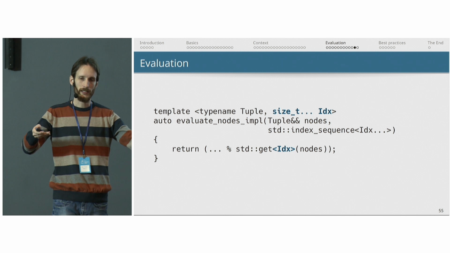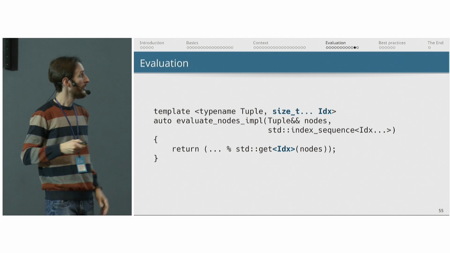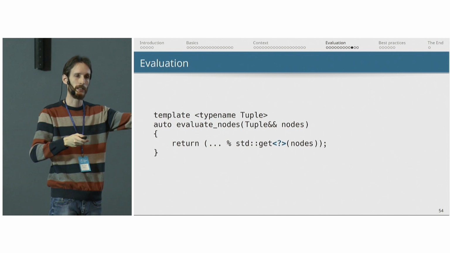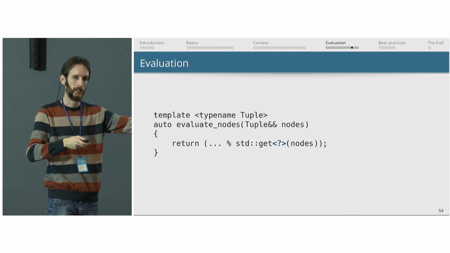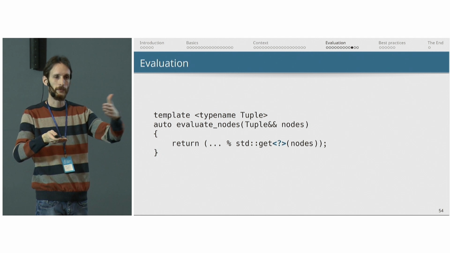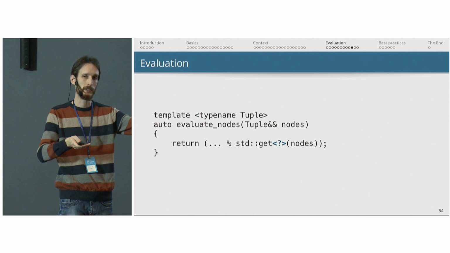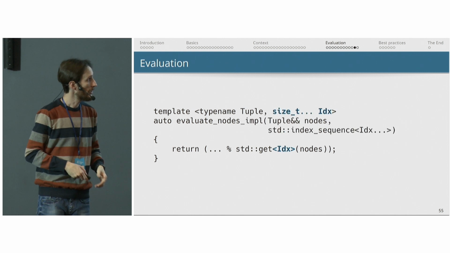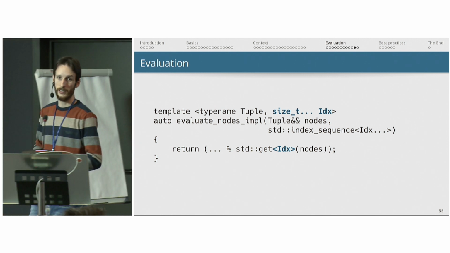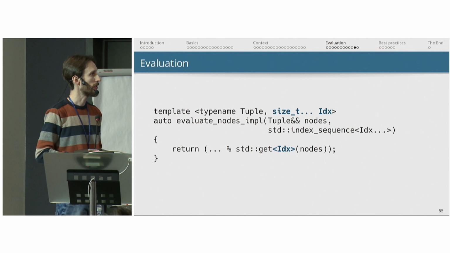If we have a tuple and we need separate arguments, we need to have a way to still get a specific coordinate from a tuple. So we need to somehow have generated indices for all the values inside of a tuple during compile time. And for that, the thing that you use is the std::index_sequence.